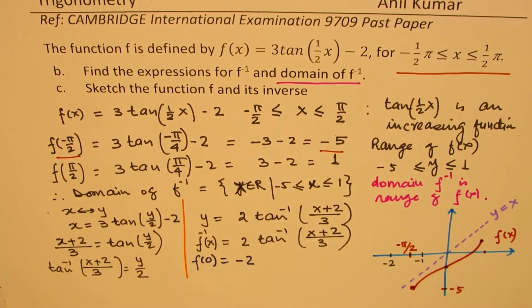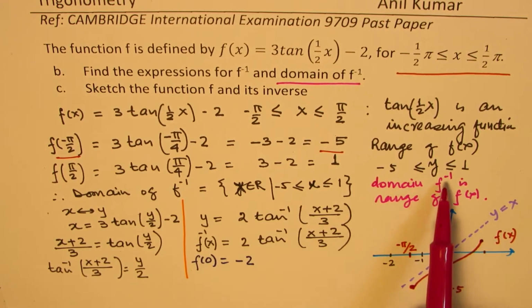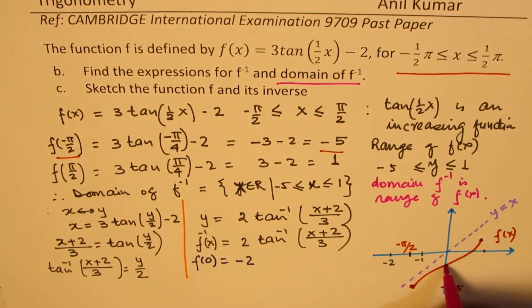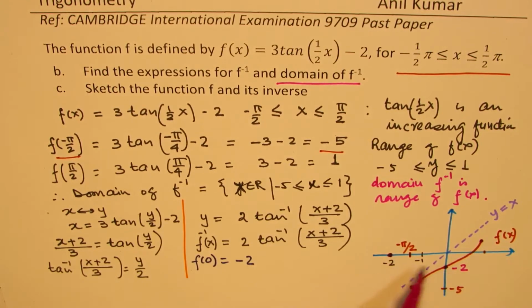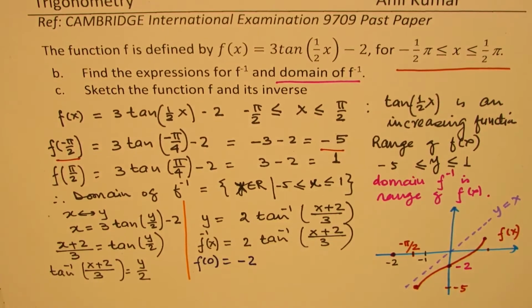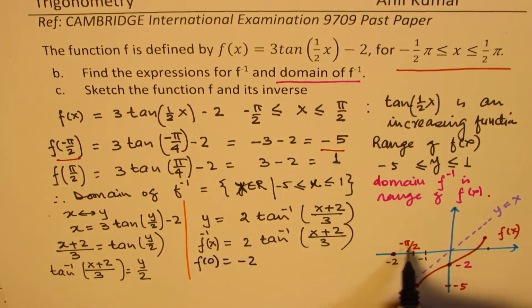Right. Now, let's sketch f inverse. So this point, which is at minus 2, 0, will now be at 0, minus 2. So on the inverse, this point will be right there, correct? Well, the diagram here is not at all to scale, but we'll go with the points. Now this point on f of x is at minus pi by 2, minus 5.